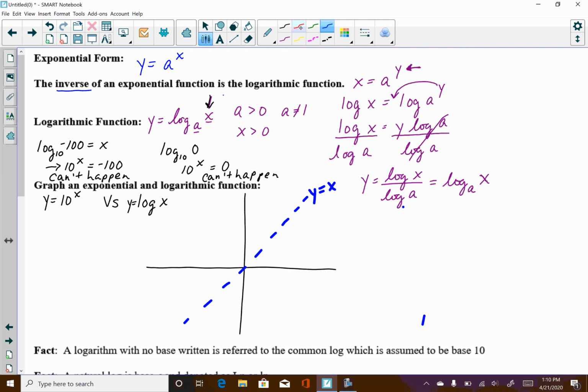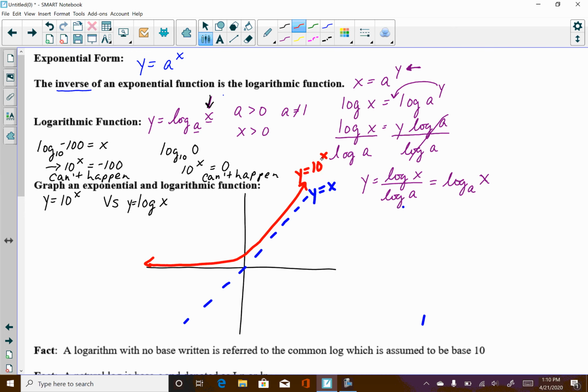And so sure enough, if you were to put in your calculator y equals 10 to the x, you would be getting this function. Looks something like that. And I'll label it for you. This is y equals 10 to the x. That's the exponential function.